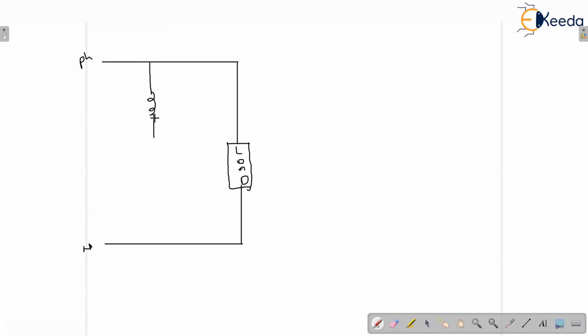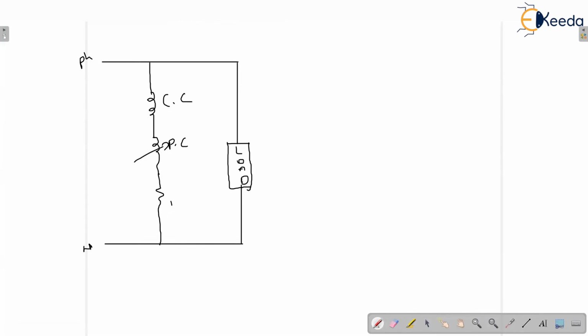So we can have it like this. This is load, phase, neutral. So all are connected: this is the current coil, this is the pressure coil, and the pointer is connected.